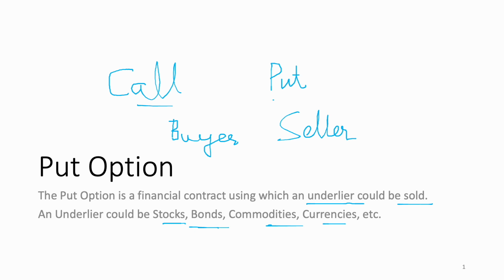Similarly, in a put option, I will have to buy a put option, and when I am buying a put option, I have to find a seller who is ready to sell the put option. So basically, a put option or a call option or any option is a financial contract between a buyer and a seller. In this financial contract, we will enter certain conditions which we will discuss. So either the buyer makes a profit or a seller makes a profit. If the buyer makes a profit, the seller makes a loss. If the seller makes a profit, the buyer makes a loss.